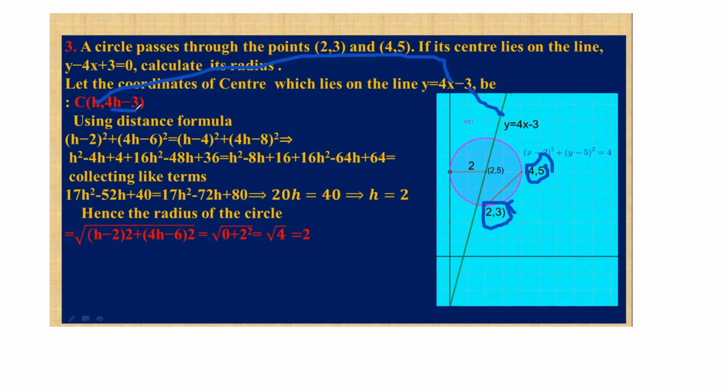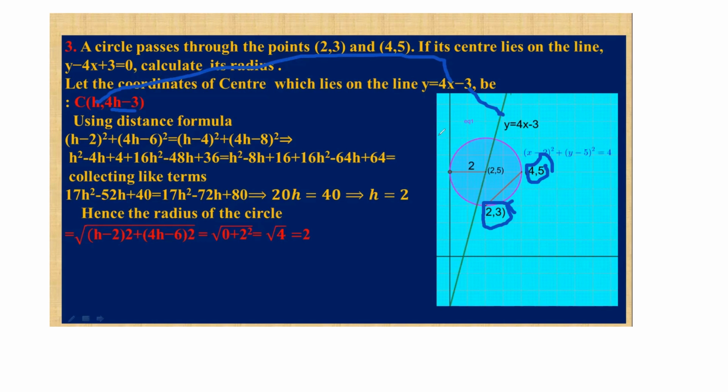Using the distance formula, remember that the distance from the center to any point on a circle has equal length.